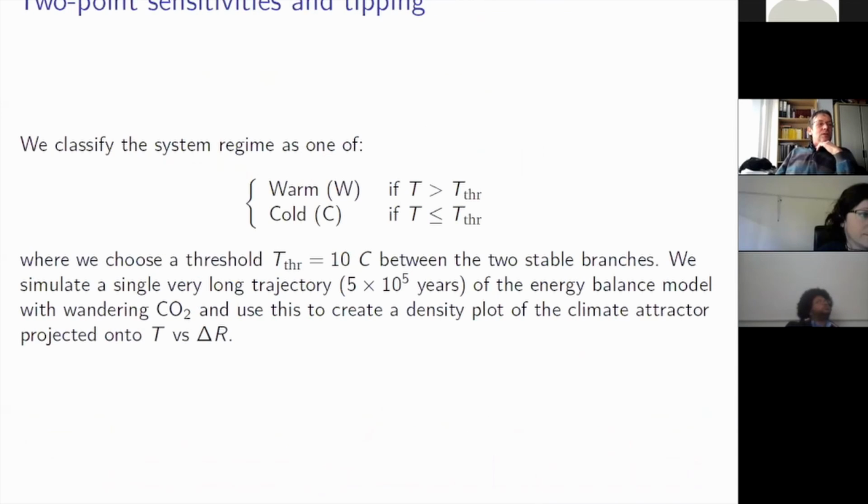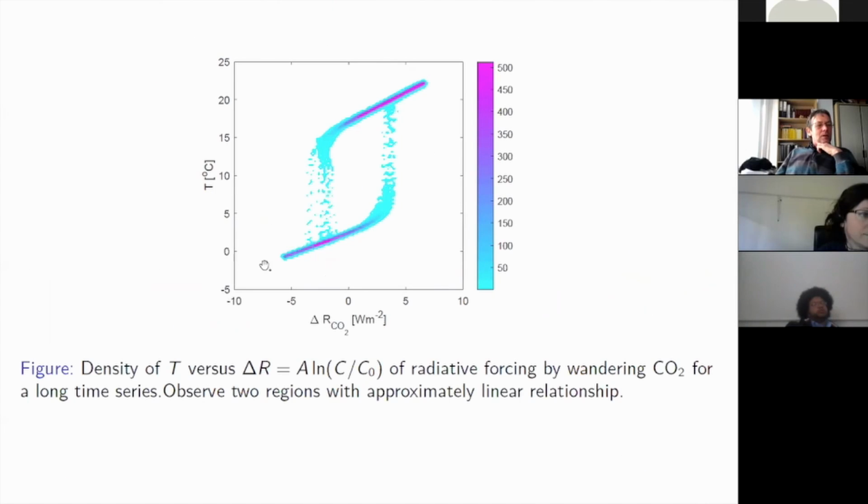So that was the case for looking at instantaneous sensitivities. If we look at 2-point sensitivities and we do this classification, this is a depiction of the measure which was shown as mu earlier on in the talk. It's an empirical projection of the natural measure onto the forcing against temperature axis, where you can see regions of high density.